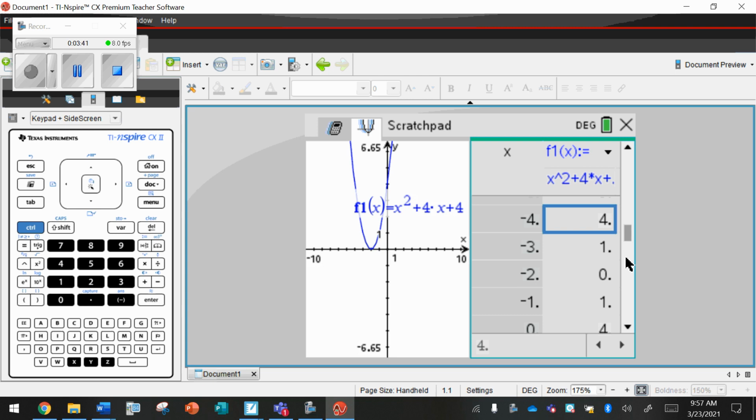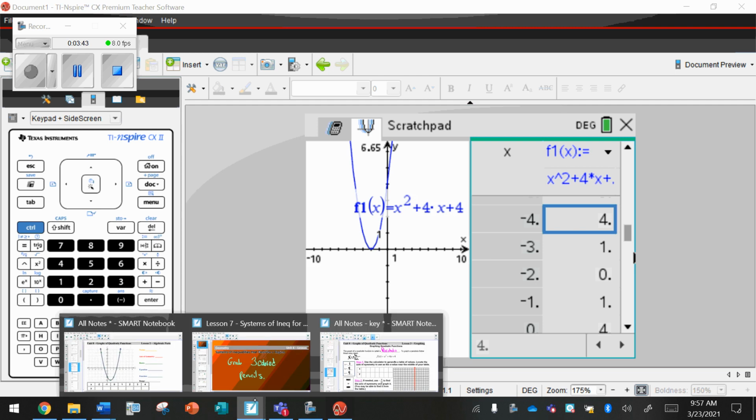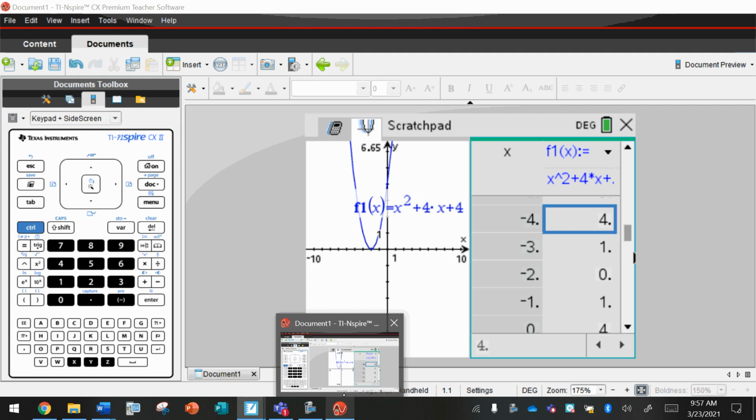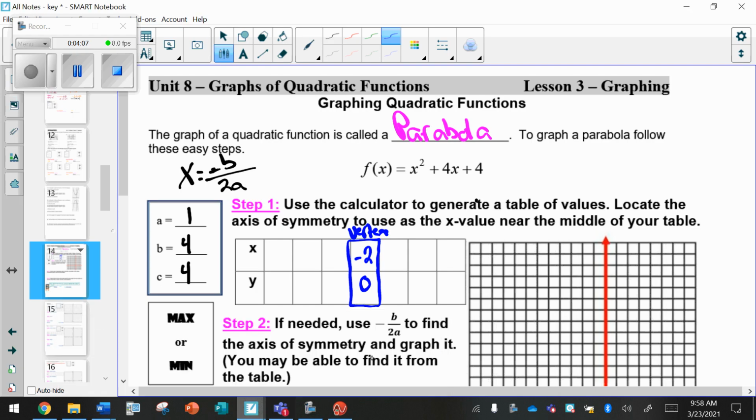So back over on my paper, somewhere in the middle of my table, the x value was -2 and the y value was 0. That's my vertex. And I want that in the middle. Now I'm going to fill in my x's.